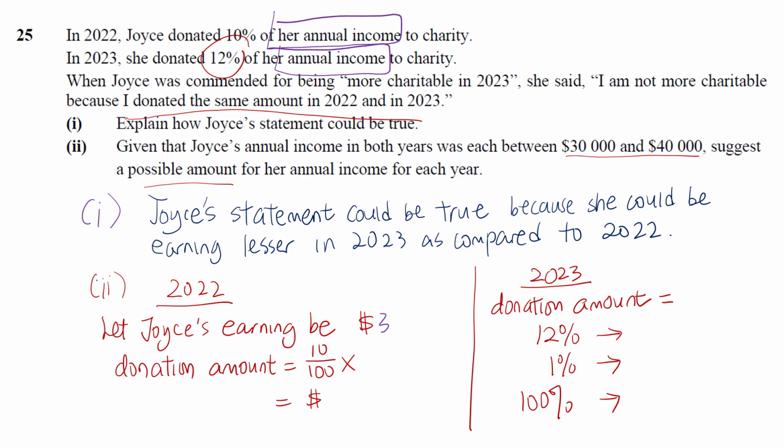How about 38,000? That will give us 3,800.